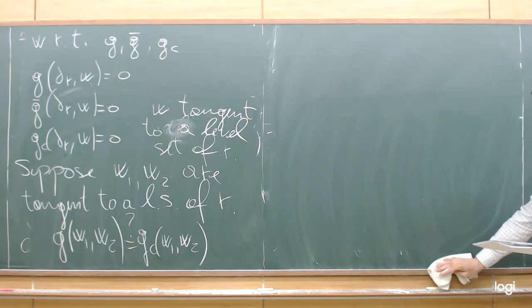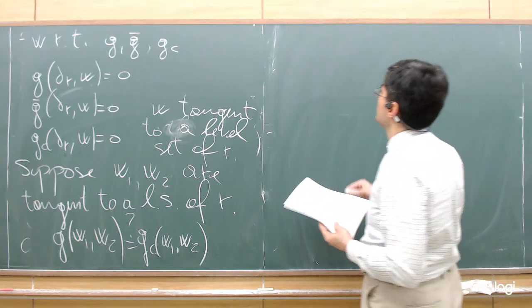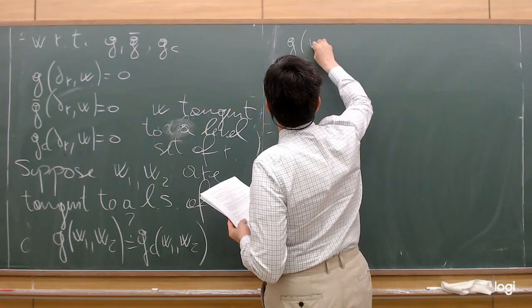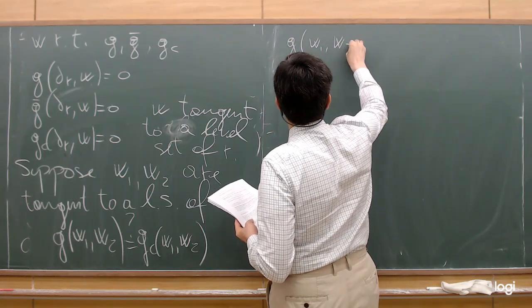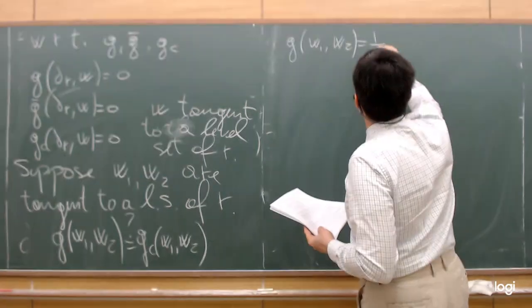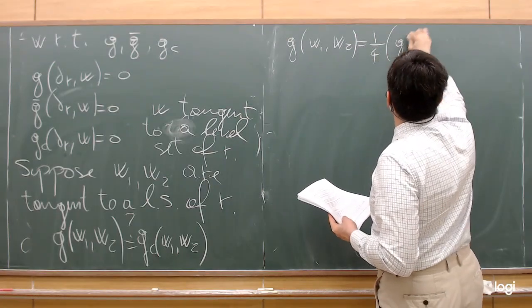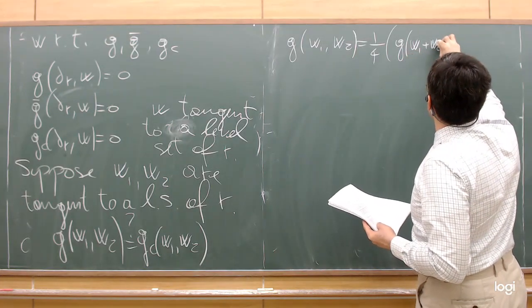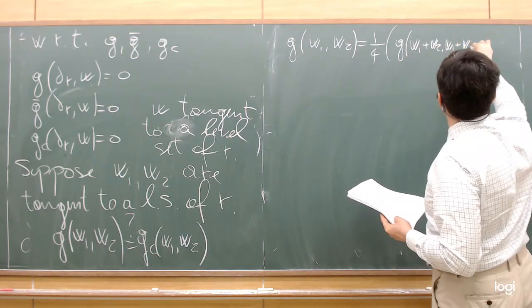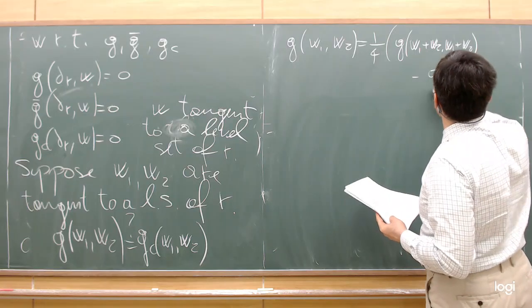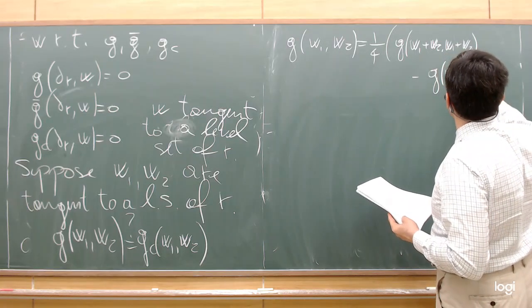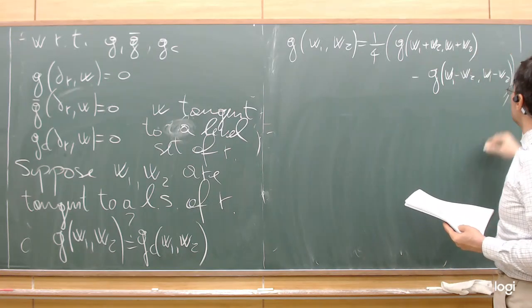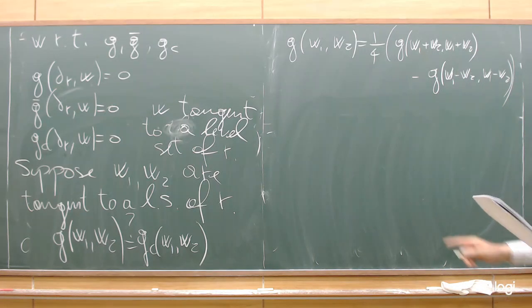In other terms, you know that if you have a metric, then G(W1, W2) can be written this way. And a similar formula is true for G_C.